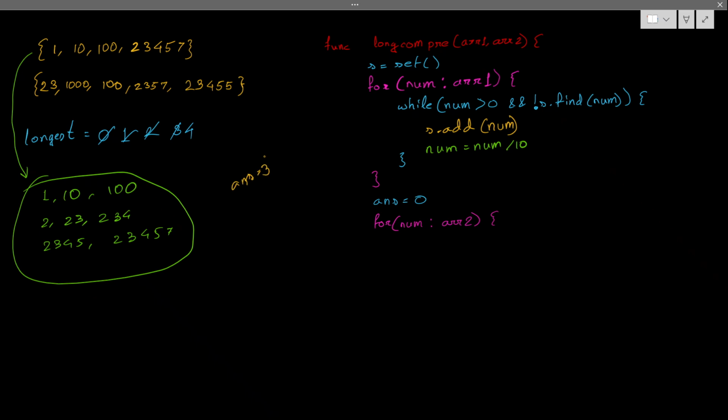Now, do I need to check for 10 as well? No, because 100 is matching, so it is my maximum. I shouldn't check whether 10 is present or not, because I already got the maximum case. So I shouldn't care about the numbers smaller than my current number.